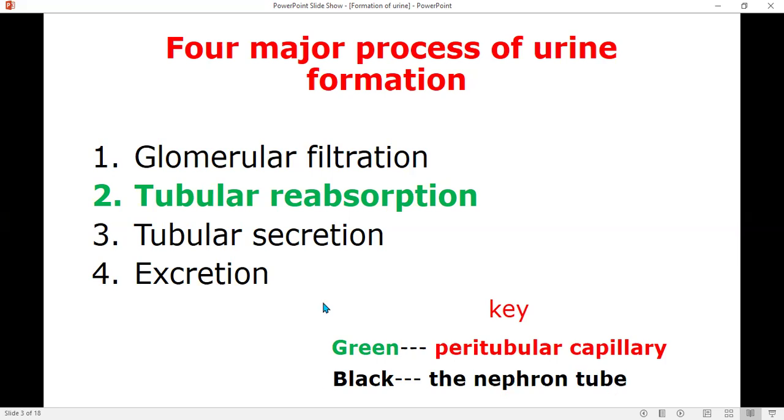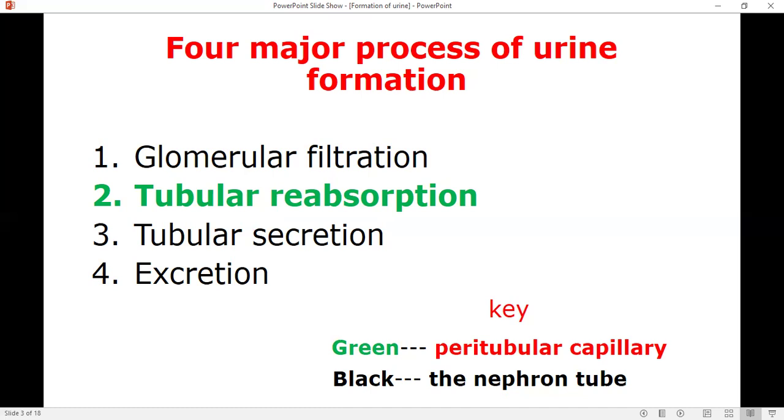They need to be expelled. So glomerular filtration, the aim is that substance can be expelled. Even tubular secretion, the aim is that substance can be expelled. Even excretion. But it's only this green, which is tubular reabsorption. It wants the substance to get back into the bloodstream because they are important.